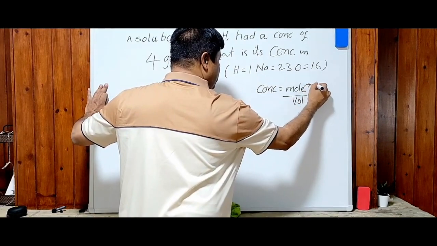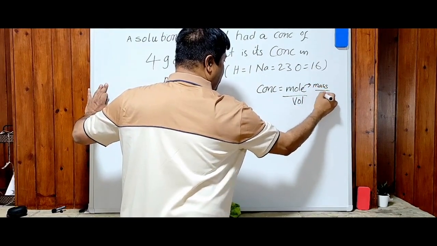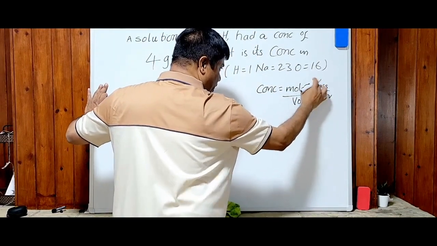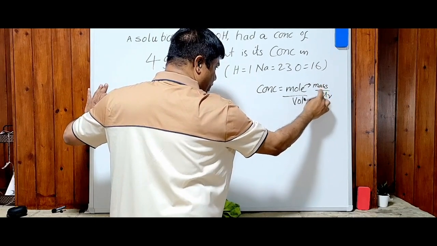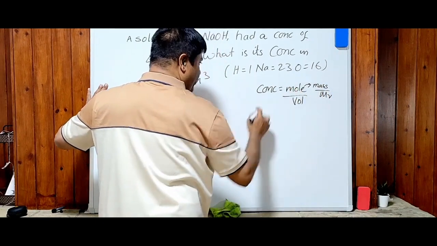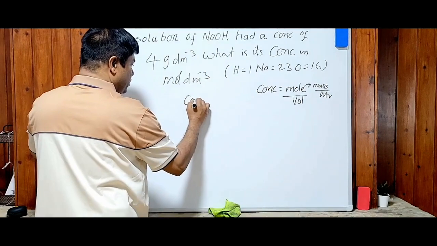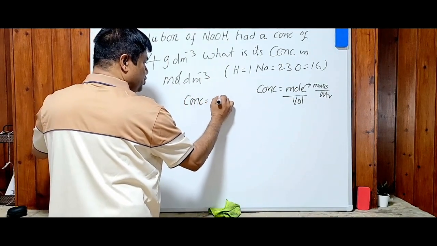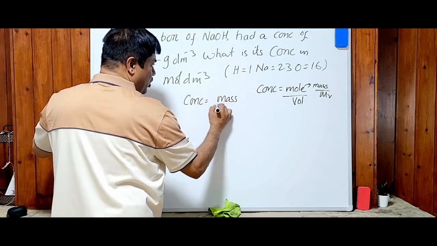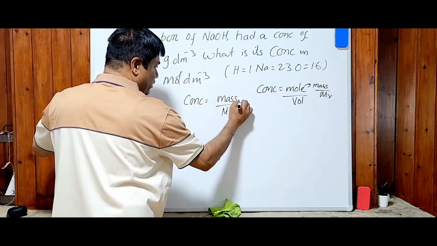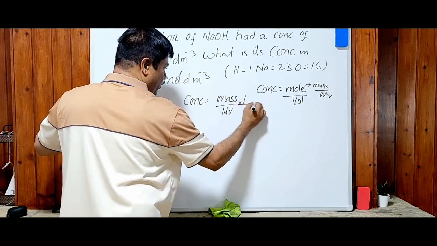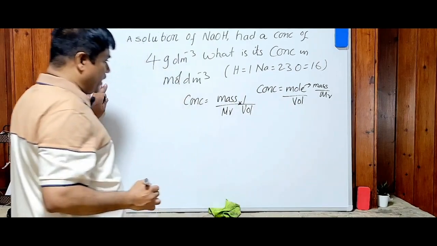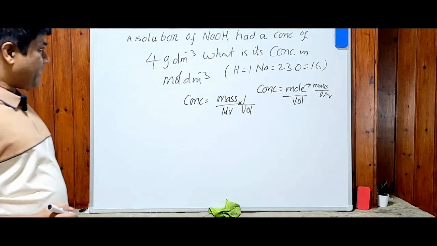Mole is nothing but mass over Mr. So plug all this mass over Mr in case of mole. So conc equals to mass over Mr times 1 over volume. Okay, is that clear?